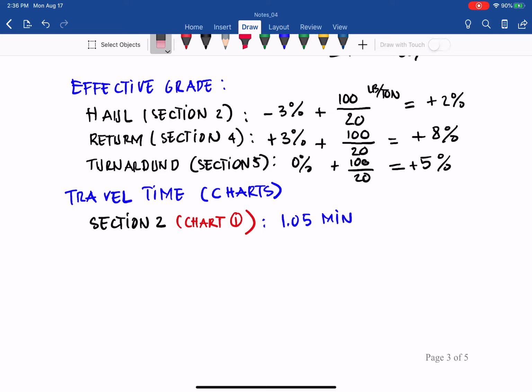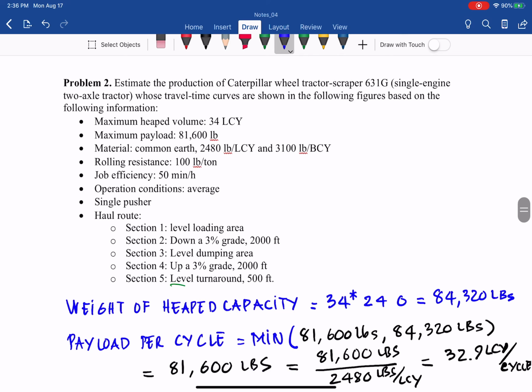And then for section 4, which is empty, we use chart number 2. What do we get? Also 2000 feet.